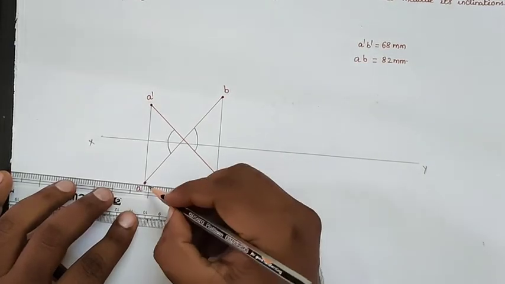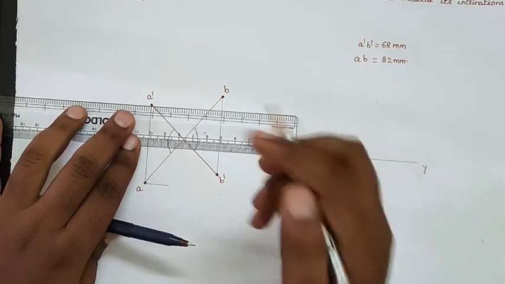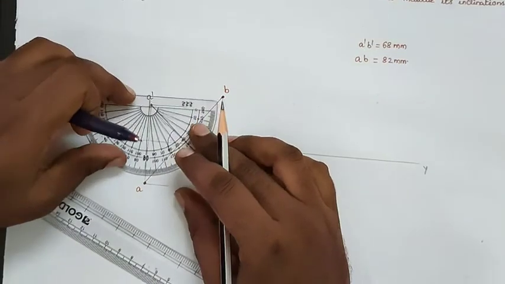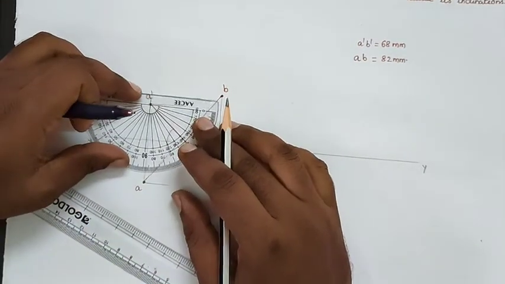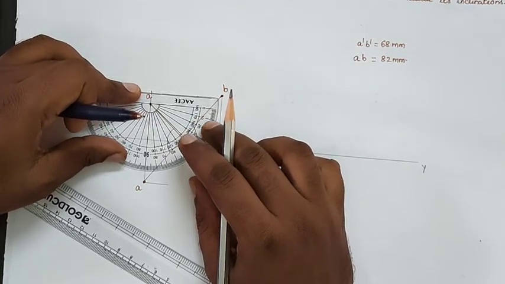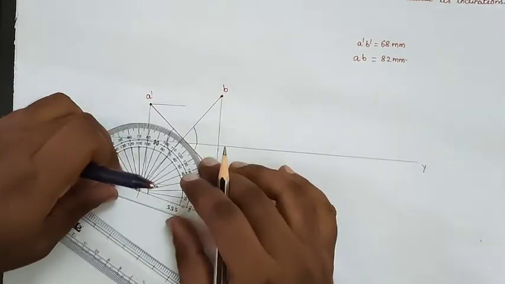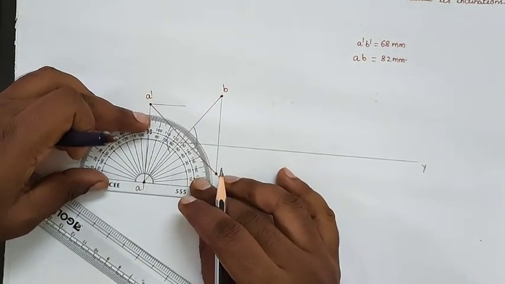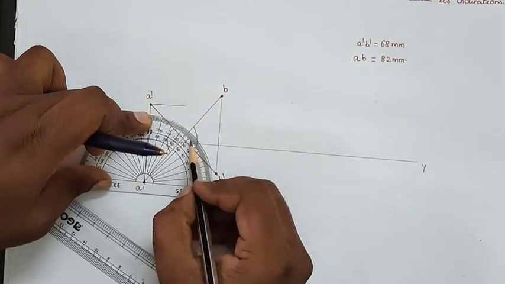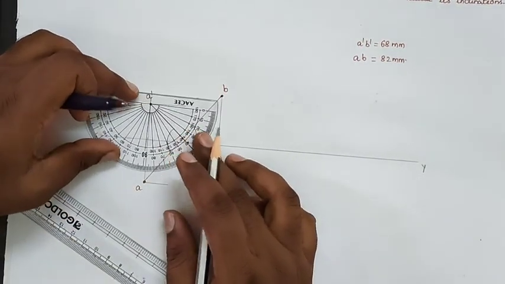Directly, we will draw a horizontal line from point A, and similarly from point A dash we will draw a horizontal line and the inclined line. So we will find the inclination with respect to the reference line. The front view inclination we will get is 42 degrees, and the top view inclination is 54 degrees.